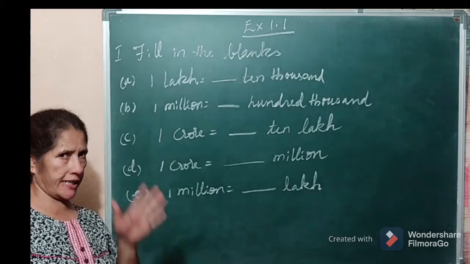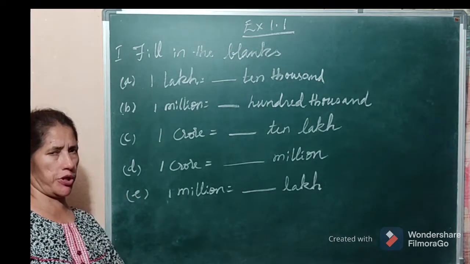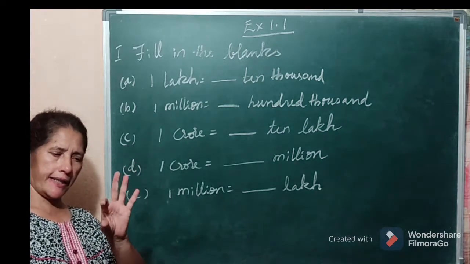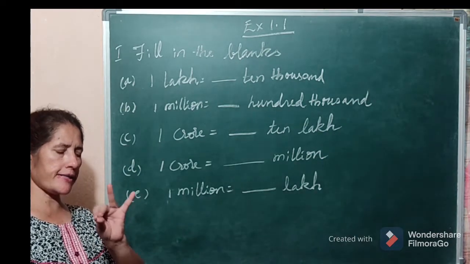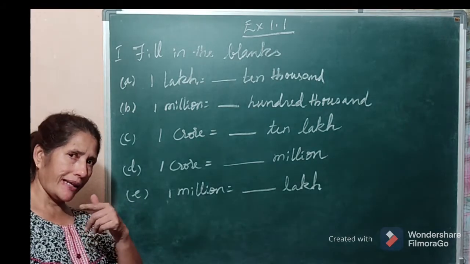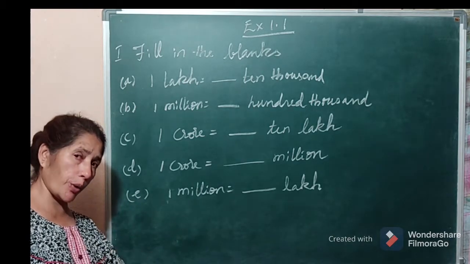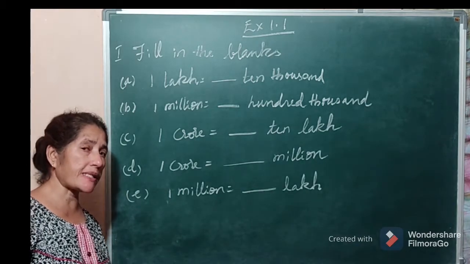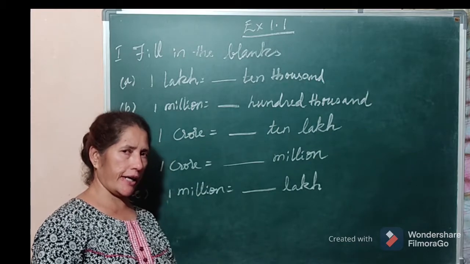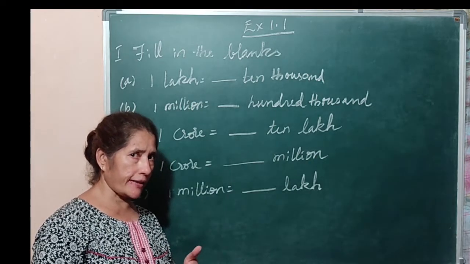Before we discuss it, I want to ask you some questions. In the Indian system: units, tens, hundreds, thousand, 10,000. After 10,000, lakh, 10 lakh, crore, 10 crore. In the million system: units, tens, hundreds, thousand, 10,000.